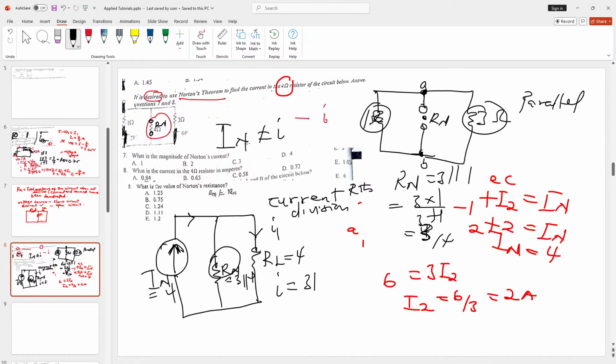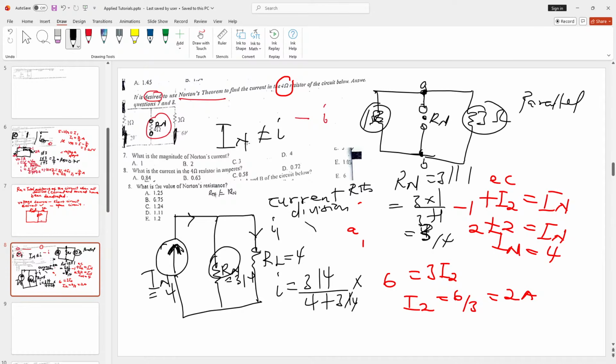So it's 3 over 4 over the summation of the two, 3 over 4 plus 4, times the total current that is being supplied, and in this case that is the IN.